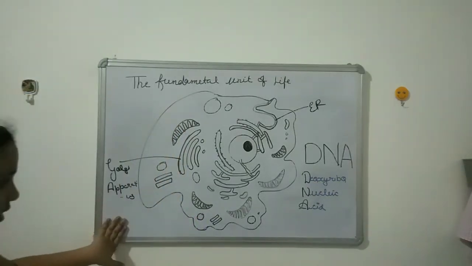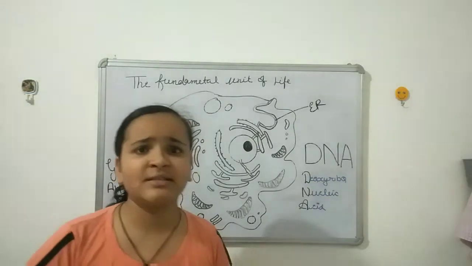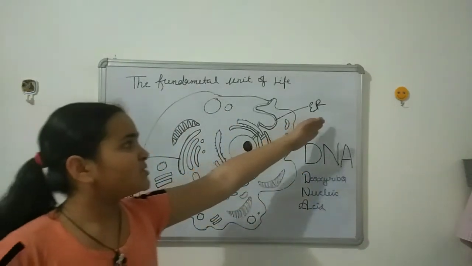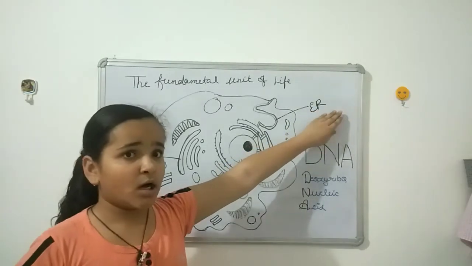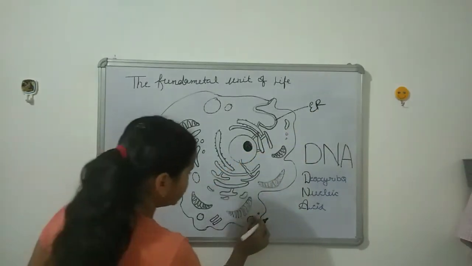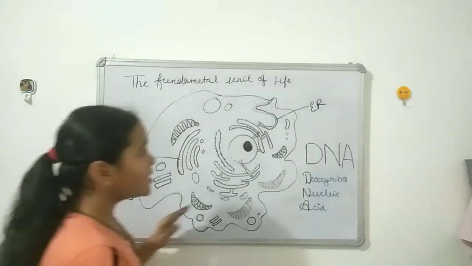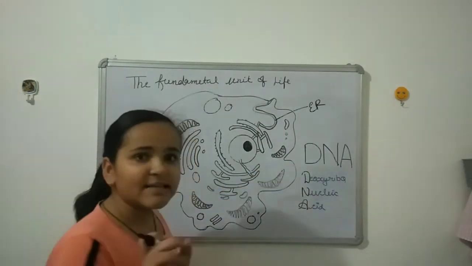The Golgi apparatus's main function is the packaging of proteins. The ER forms proteins, and these small circle-type structures, can you see them, are the vesicles.